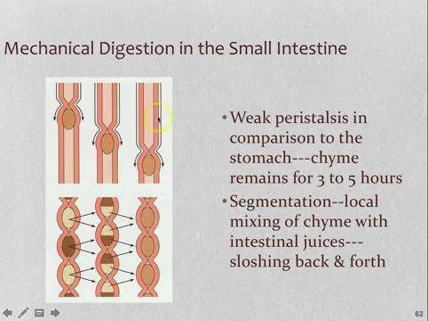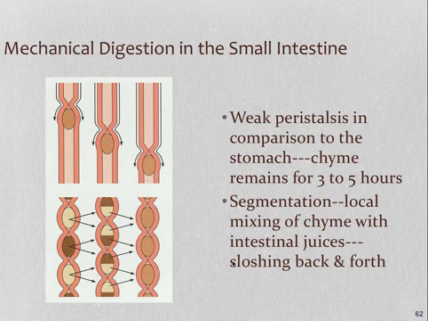Instead of the main job being moving something along, you can see these alternating contractions: it's contracting here, then the contraction moves here. So now you're mixing the food until you finally get more of a homogeneous mixture. It sloshes stuff back and forth, and that's just helping make sure that the food mixes very well with digestive enzymes, so everything is being fairly evenly digested.